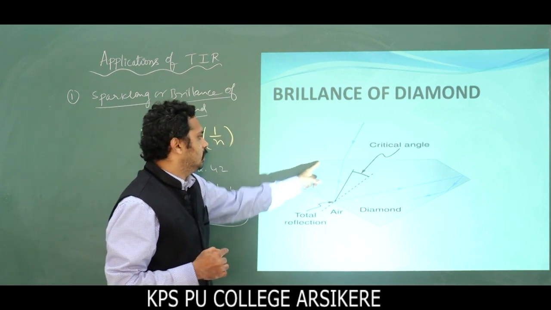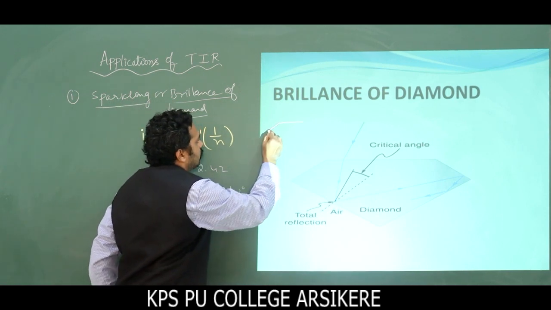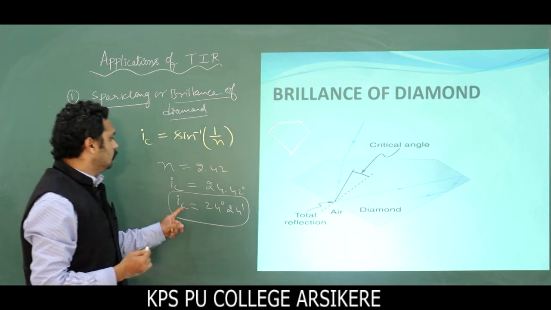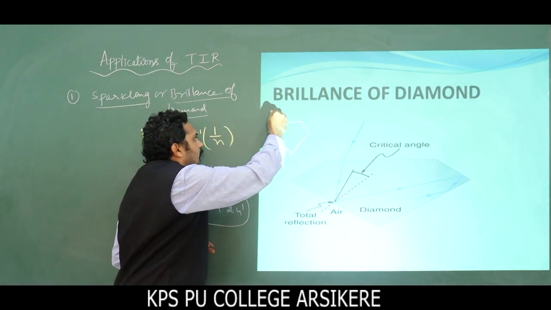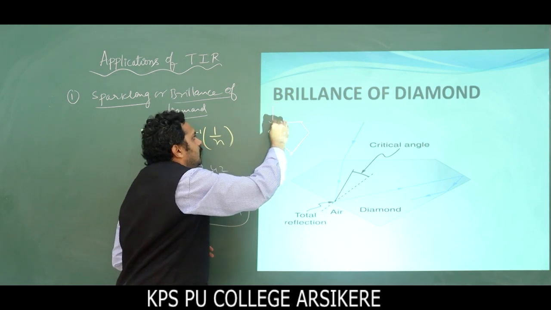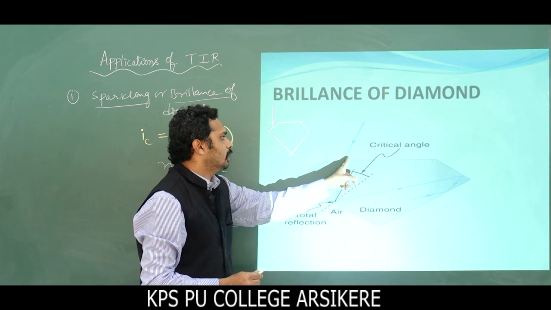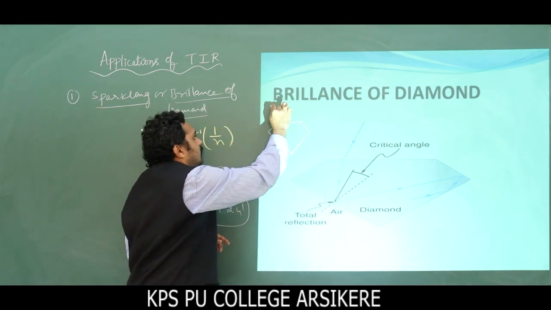See that this is the diamond. You cut the faces of the diamond by using critical angle and refractive index. Now the light enters the diamond. We know that it undergoes TIR, total internal reflection, inside the diamond.